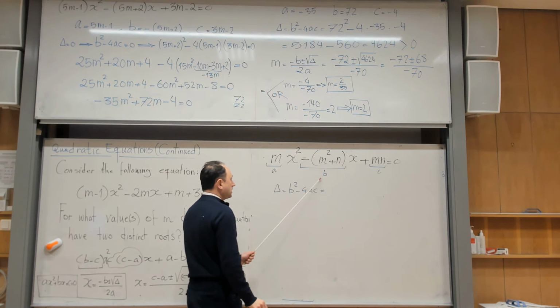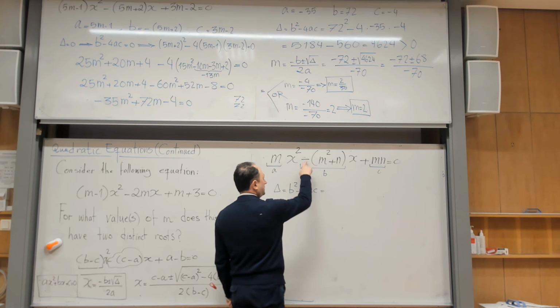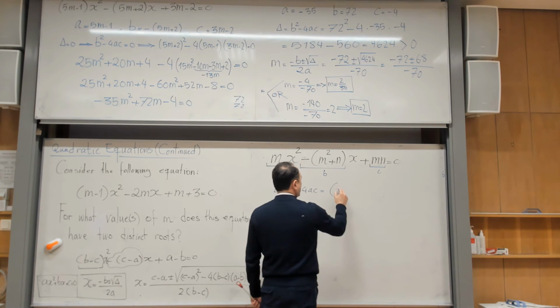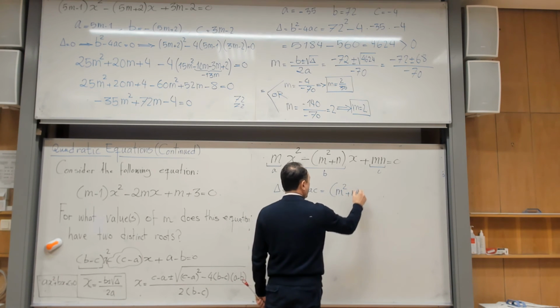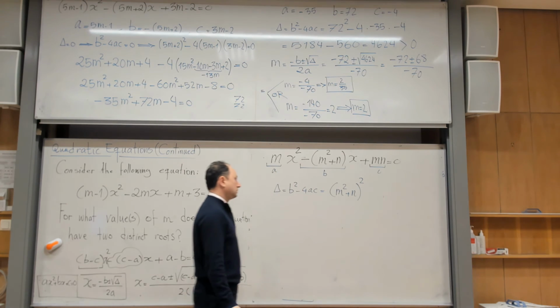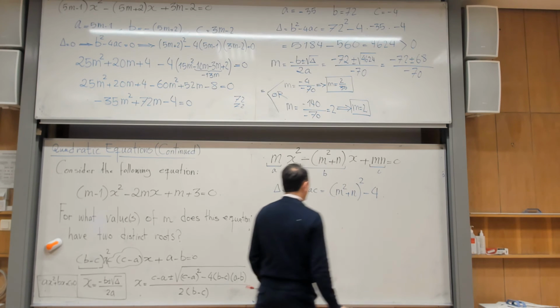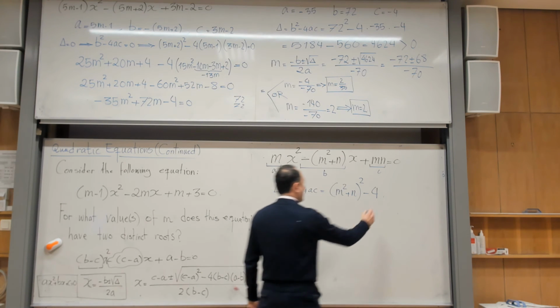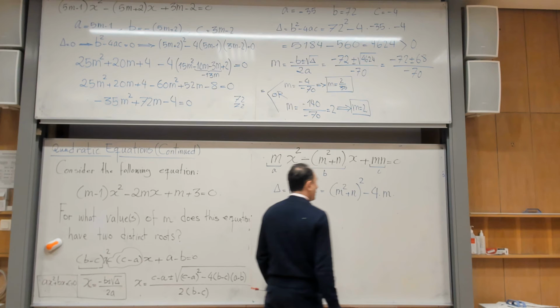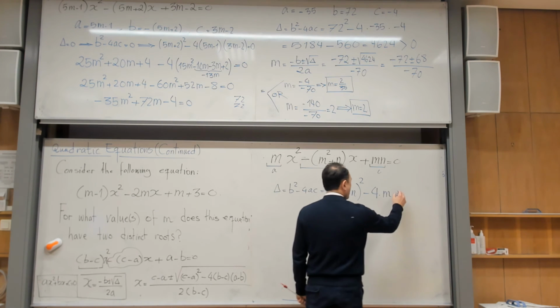Okay, so delta becomes b squared. When I square b, I get rid of this negative sign. So this becomes m squared plus n to the power of 2. And then I have minus 4 times a, which is m, times c, which is mn.